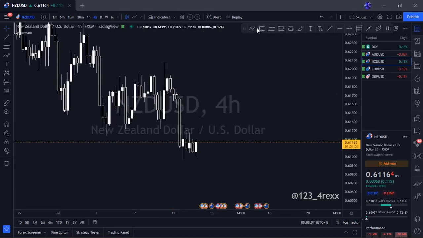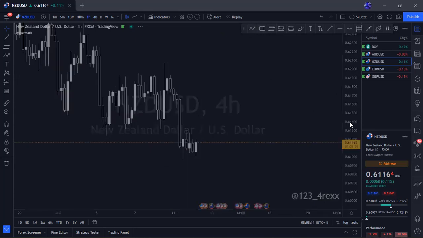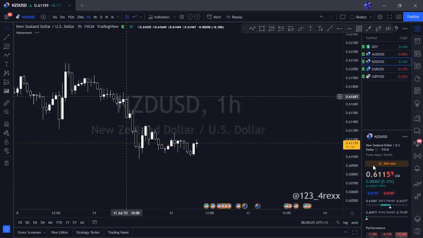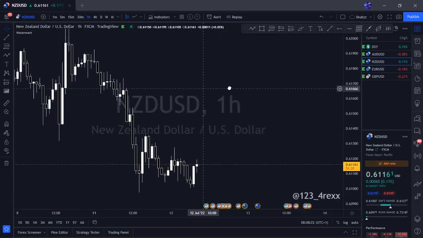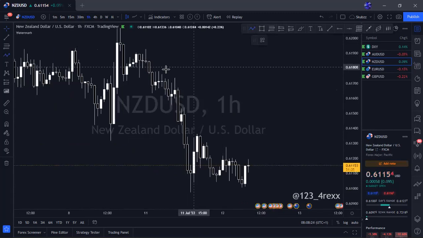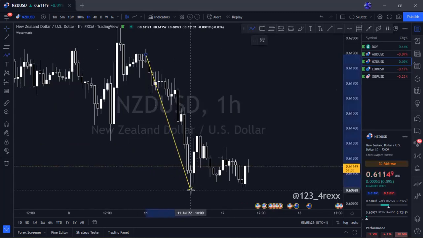Yeah. So now, going to our 1H, let's look for our areas of interest. Why is this stuff not loaded? Okay, good. Just loaded. So now we can see that we had that break of structure. Do you get?